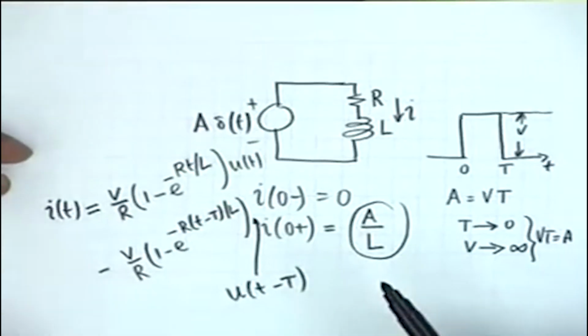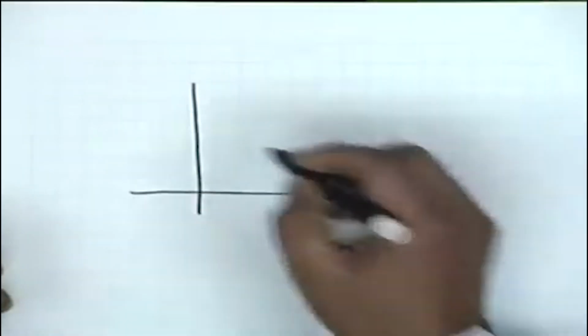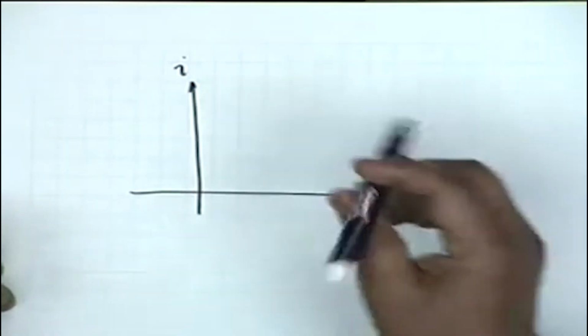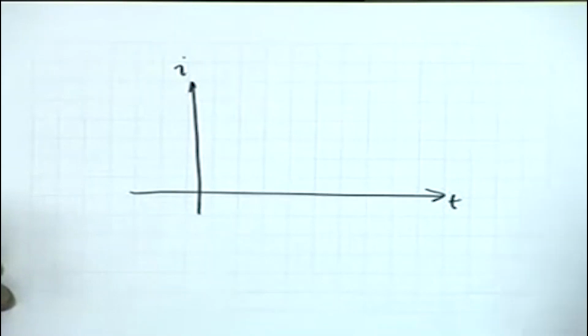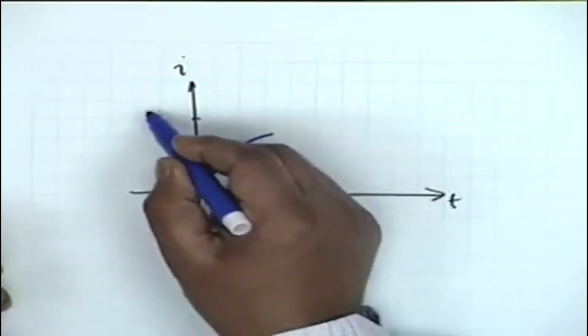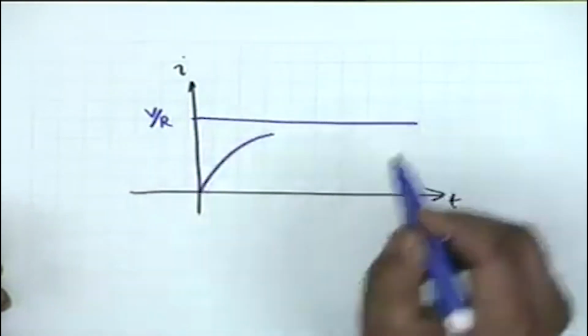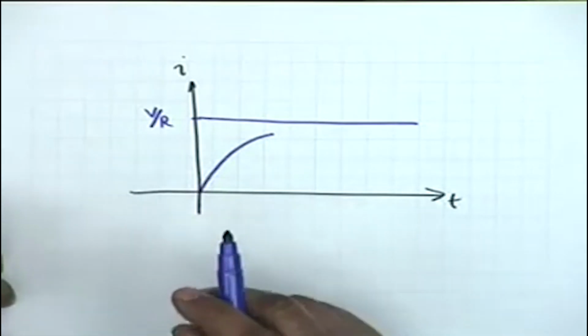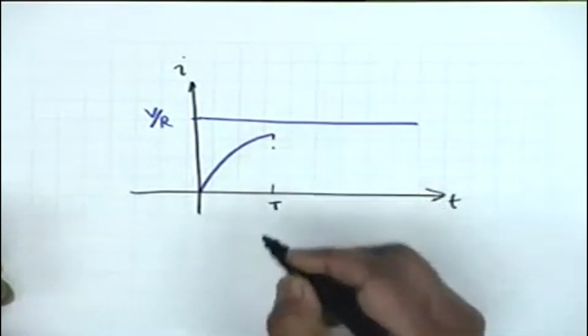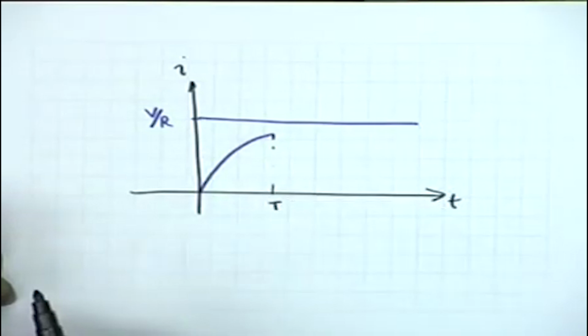Now if I plot the current I versus t, the current rises like this, and we would have gone to, let us say, V by R if it was allowed to, but at small t equal to capital T, the negative step comes into effect, and therefore the current gradually diminishes.